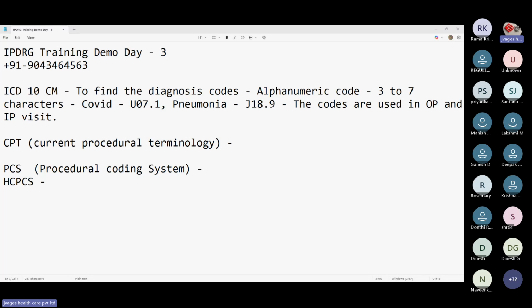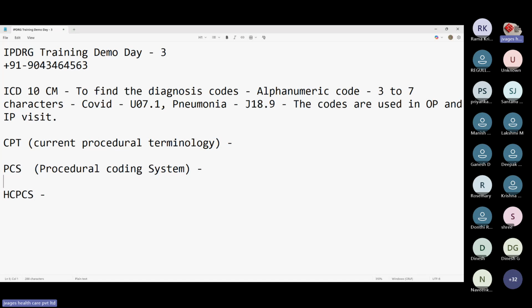If it is inpatient, we need to use Procedural Coding System codes, and if it is outpatient, we need to use CPT codes. Now you got why it is important to know this beforehand.